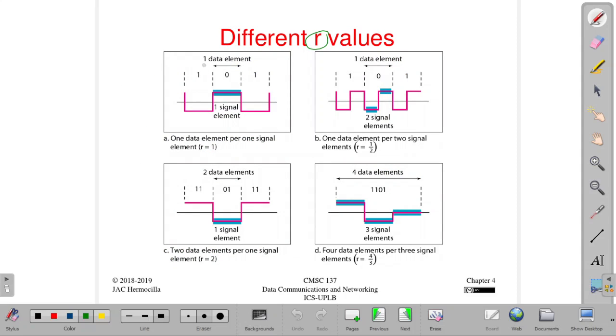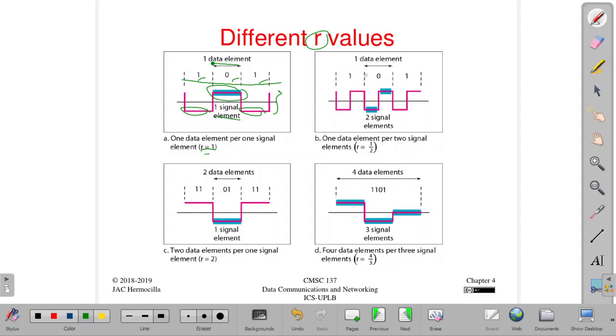So in this example, these are the data elements 1, 0, and 1, and this is the signal element, which is the square wave. So one data element for one signal element, which is this value, 0, 1 is this value, and r equals 1.